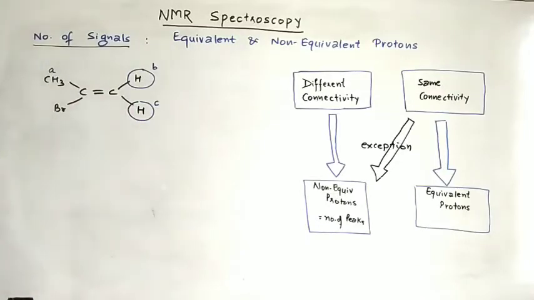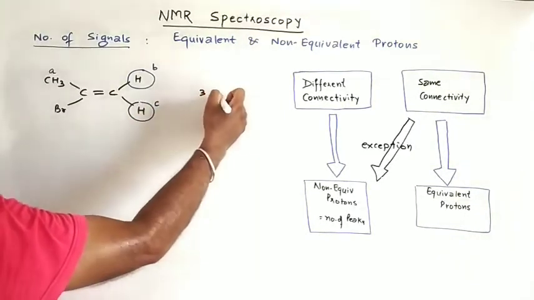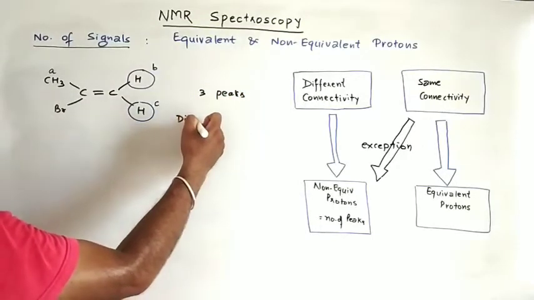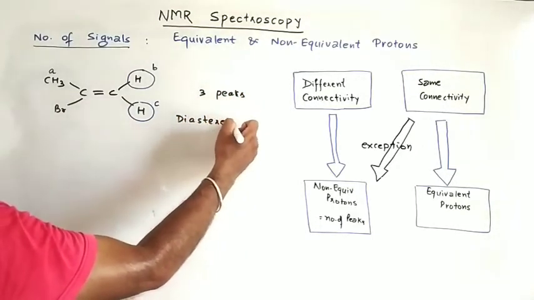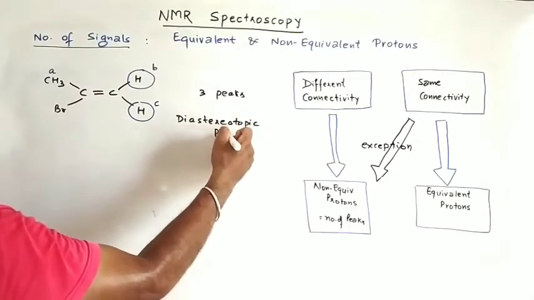So this is an example which shows the exception behavior, like same connectivity generally are equivalent protons, but here the same connectivity atoms are non-equivalent. Such type of protons are called diastereotopic protons. So it will give 3 peaks.